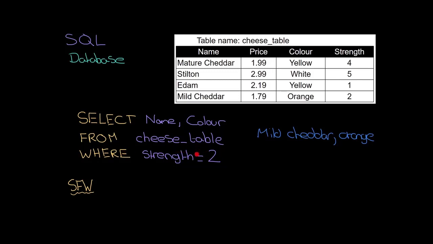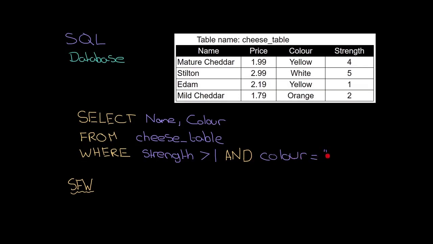We can do a little bit more than this though. We can join 2 conditions together. So for example, I can do select, let's just keep it with name and colour, where strength is greater than 1 and, so I can use my Boolean words here, I can use and or, colour equals yellow.